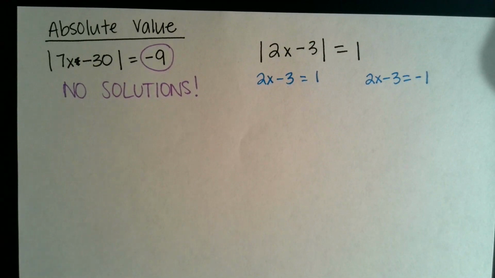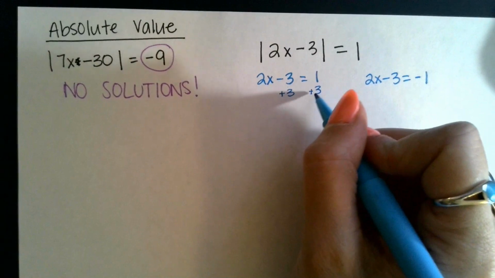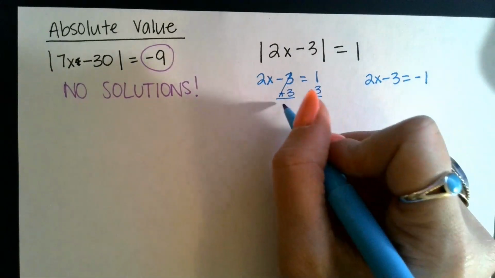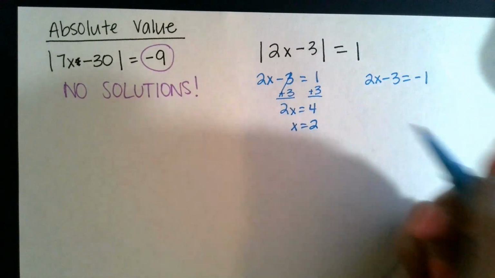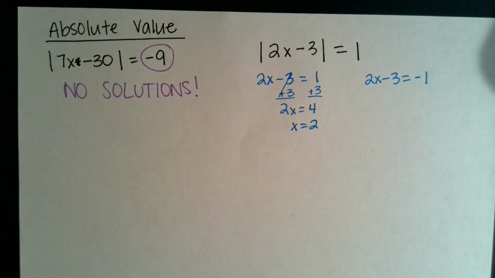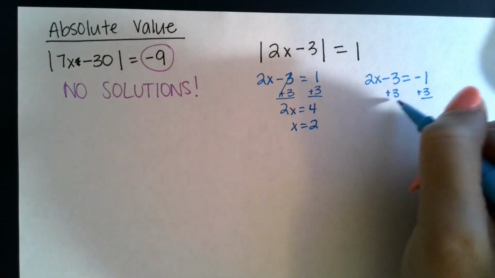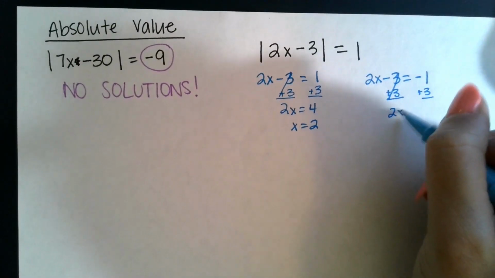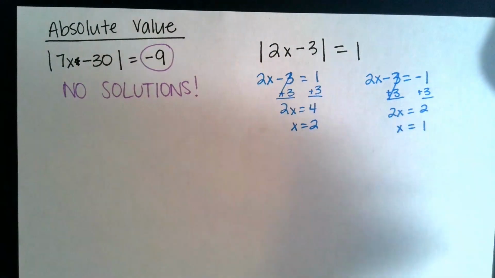And then you solve each of them. This should be pretty simple. This part. Add 3, 2x equals 4, x equals 2, and then add 3, 2x equals 2, x equals 1.